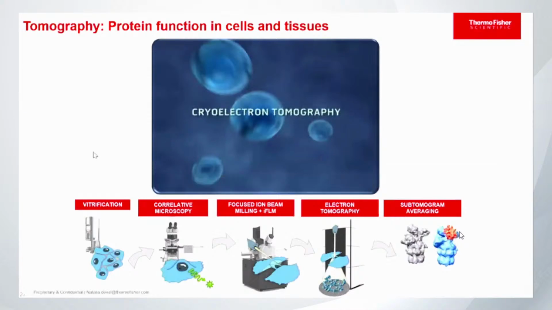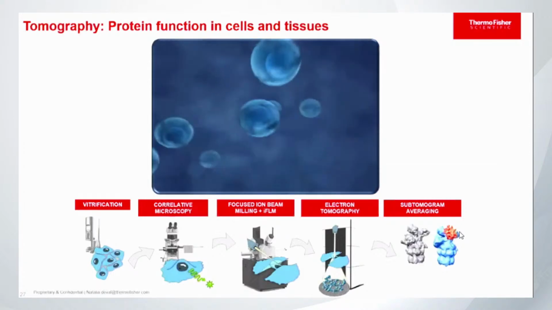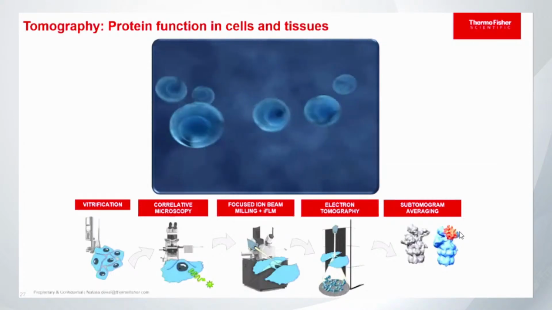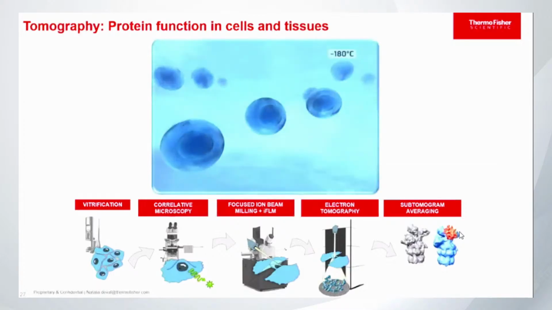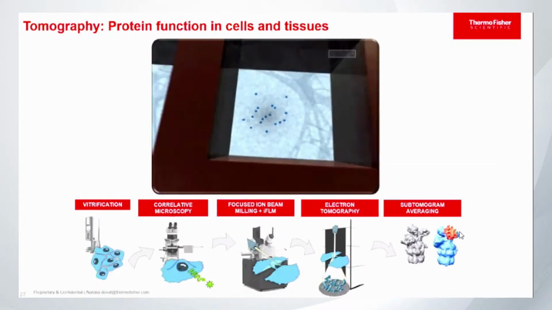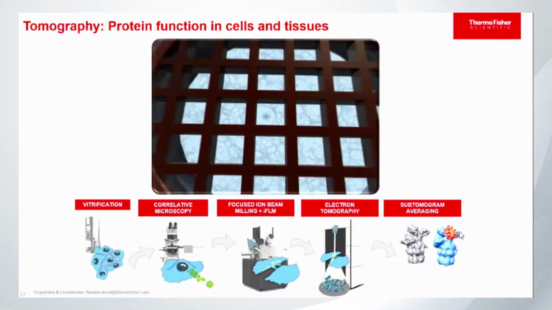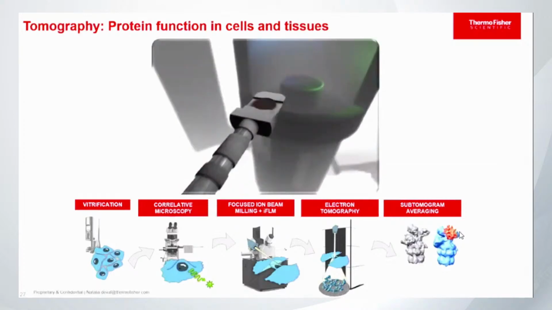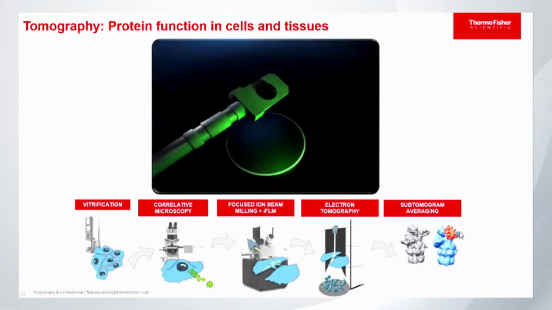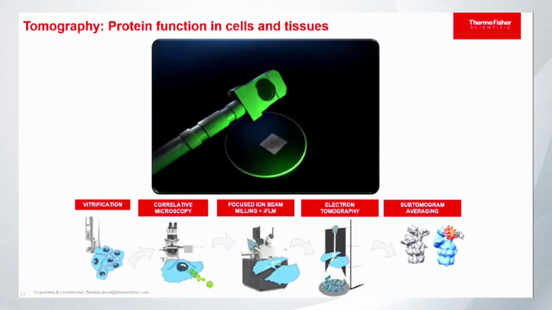In this particular example, for the video, we are using viruses, because if you want to work with the whole virus, you will need to do tomography, okay? So you purify the virus, you apply the virus onto your electron microscopy grid, you vitrify the virus the same way you vitrify the protein, and you transfer the grid into a transmission electron microscope.